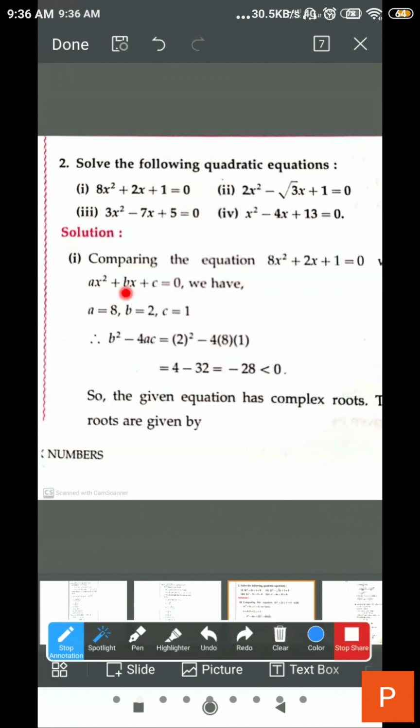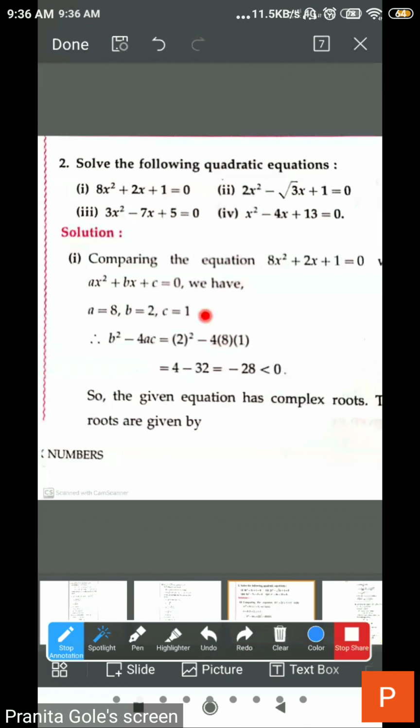Comparing, a is 8, then b, the multiple of x, is nothing but 2, and c is here 1. So a is 8, b is 2, c is 1.